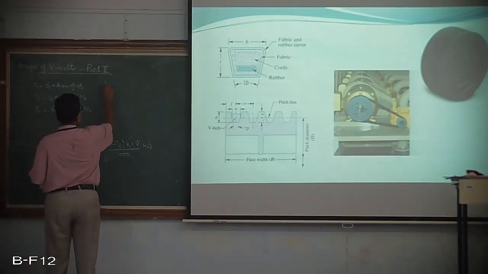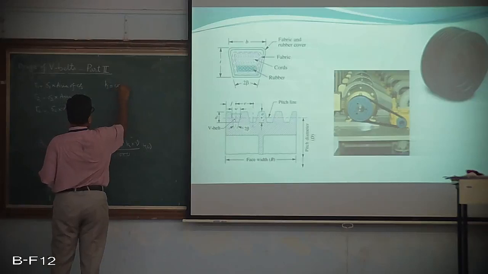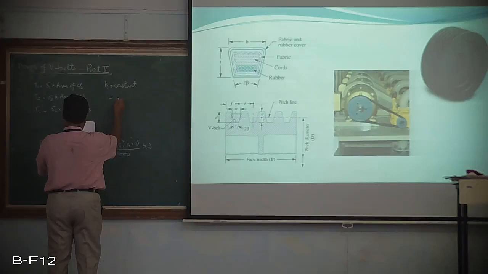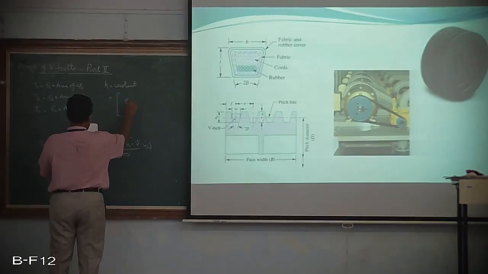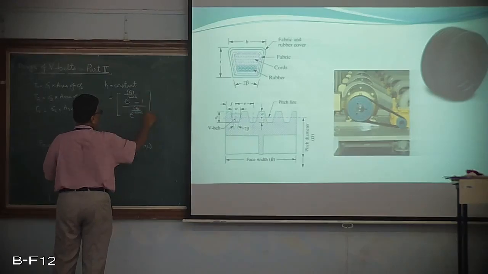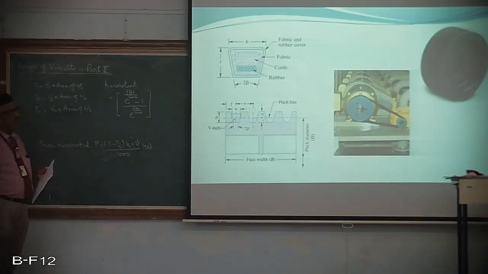Whereas this k is a constant, please remember, and the value of this is obtained by e raised to f theta, the angle of contact of the smaller pulley, minus 1, upon e raised to f theta s upon sin alpha. By using this formula, I can find out the constant k.